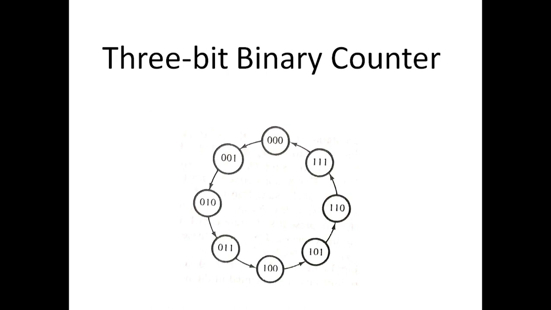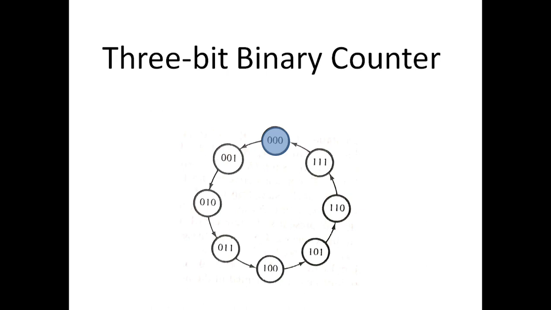Here on the screen, you can see a state diagram that shows the transition from one state to the other, and then from the other to the other, and then it repeats. So let's assume the binary counter begins at 0,0,0, and the arrow shows the direction of the transition.